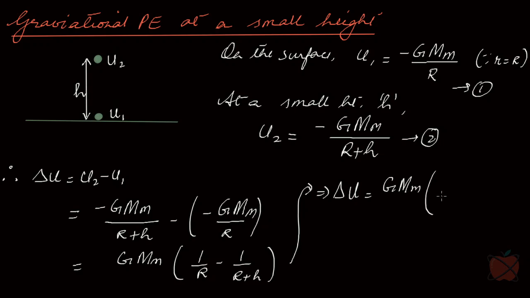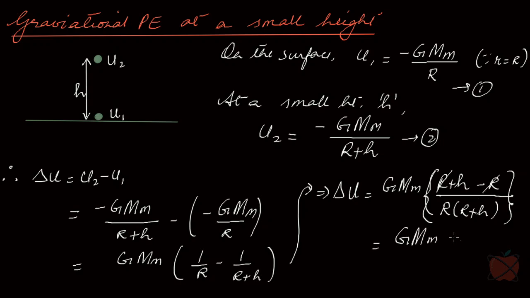GMm, then I can perform the LCM out here. The LCM will be R times R plus h, right? So this divided by R, you get only this, so you have R plus h minus R. So this R and this R will go, so you have GMm.